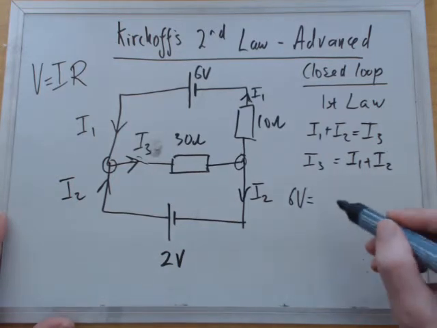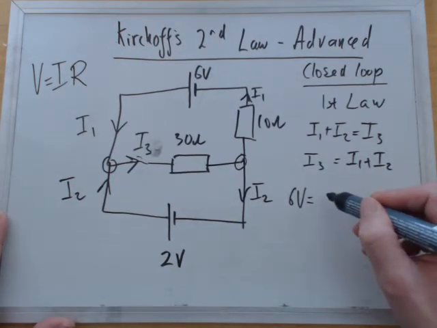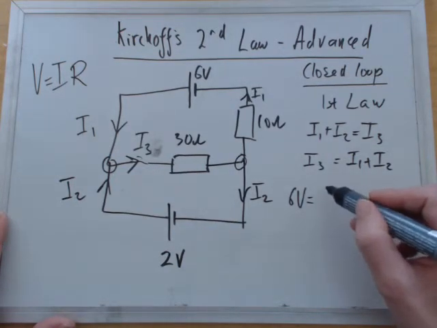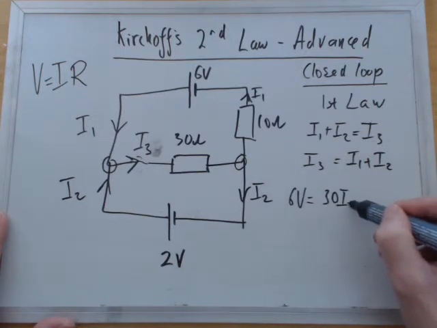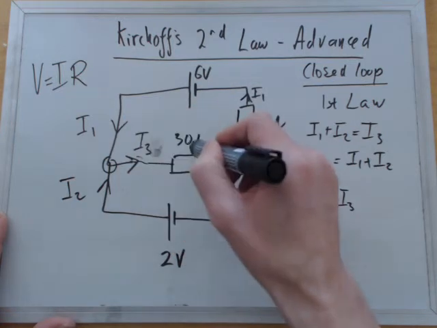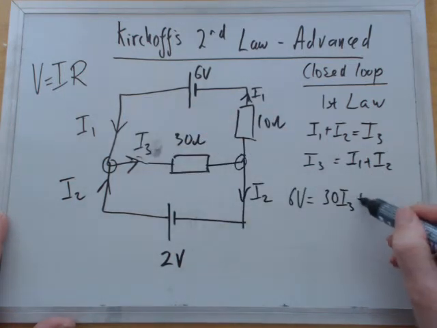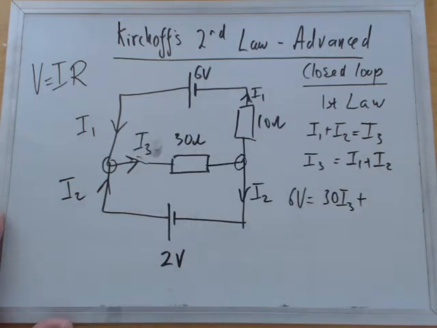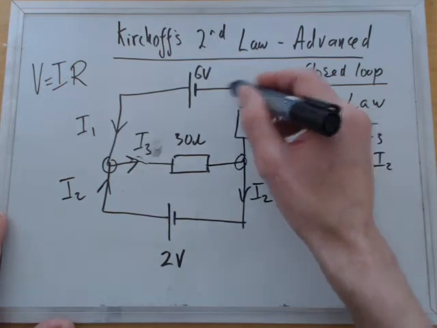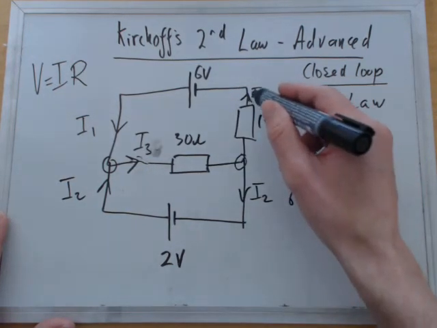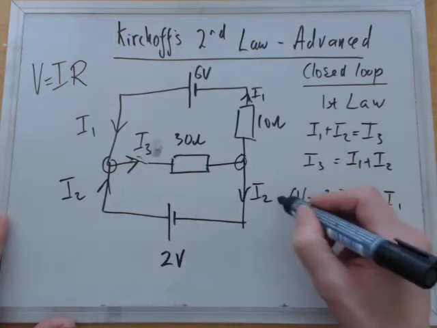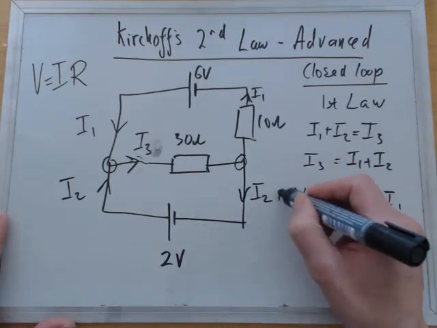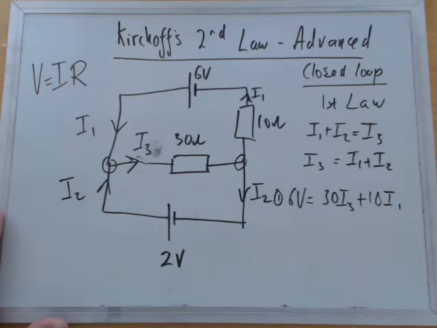So here we have 6 volts is equal to IR, so that's 30 times I3, plus that bit there, so that would be 10 times I1. Then we can label this, if we like, equation 1. So that's one loop there.